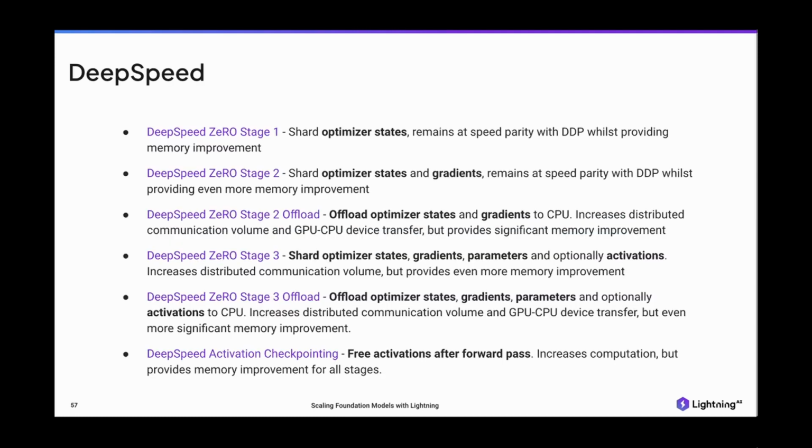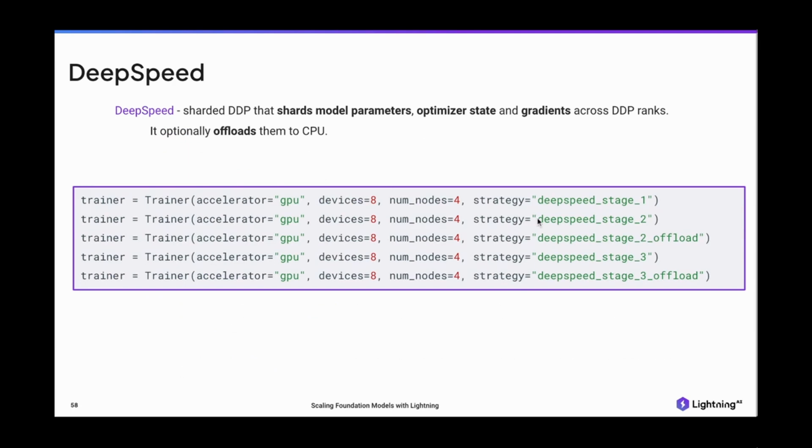And then in terms of strategies, we've seen DDP, and then we can go into DeepSpeed, and this is how you specify DeepSpeed. You can also instantiate a DeepSpeed object and pass it to the strategy.